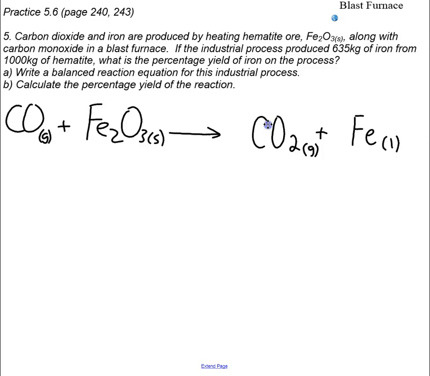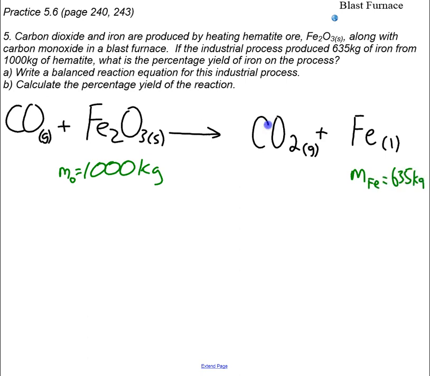So if we're to balance that, that's the first step in this process before we can go through the stoichiometry. We're trying to determine, starting with 635 kilograms of the iron as an outcome, beginning with 1,000 kilograms of the hematite, the mass of the ore is this, and then we have the mass of the iron is 635.